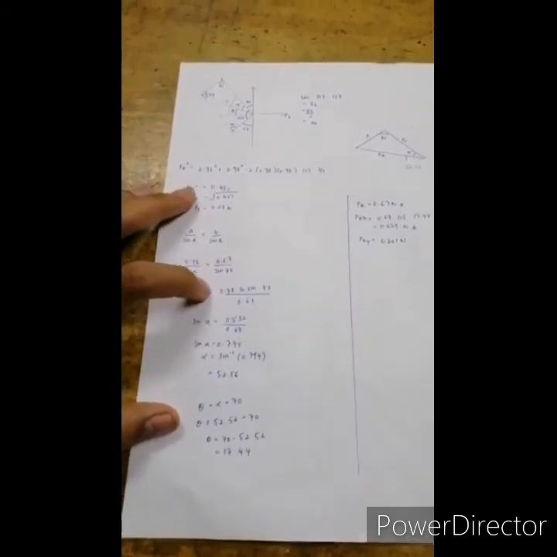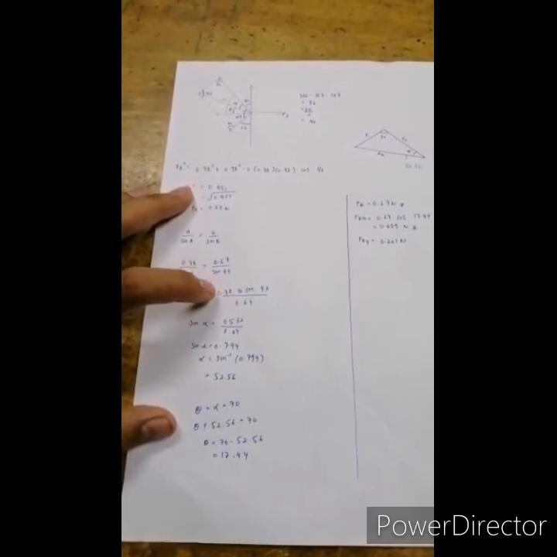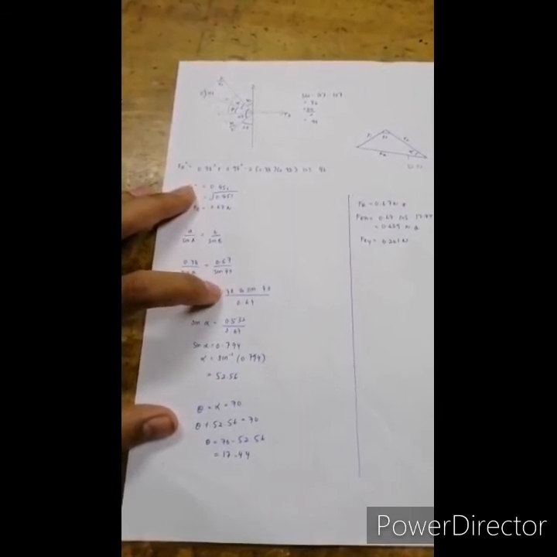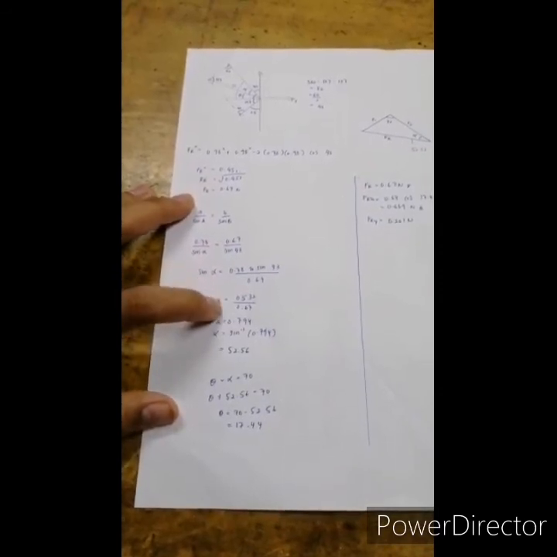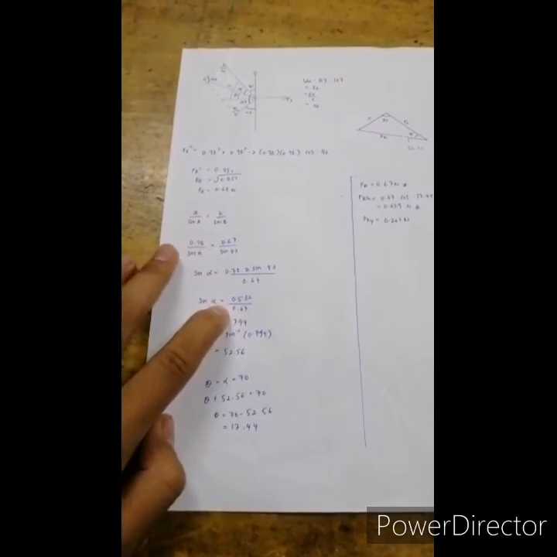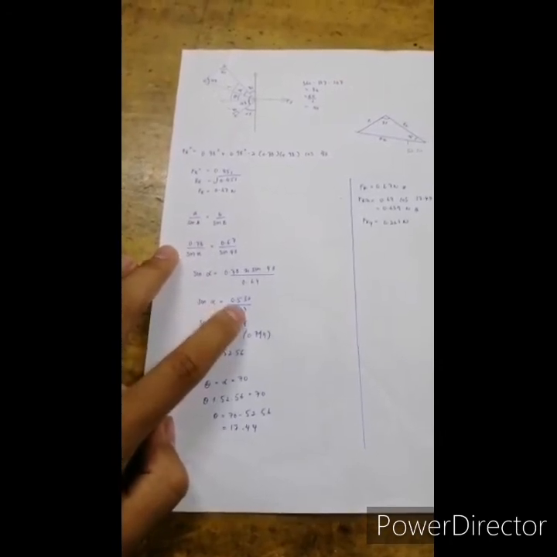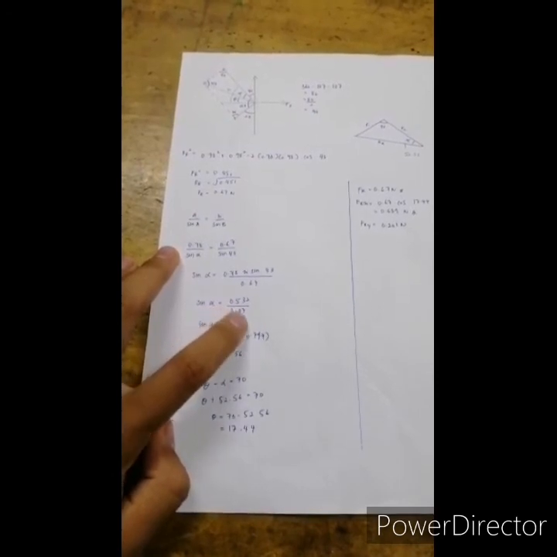Sin alpha equals 0.78 times sin 43 over 0.67, which is 0.532 over 0.67.